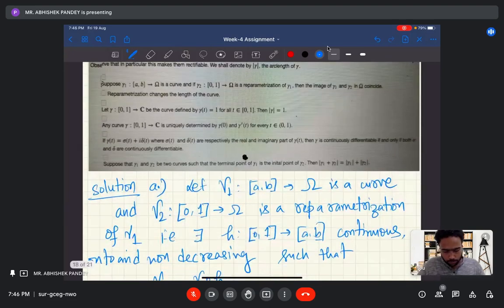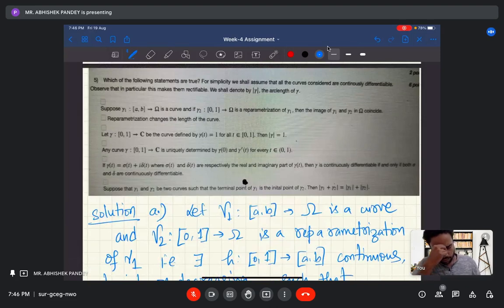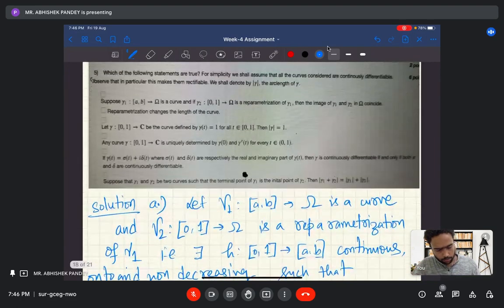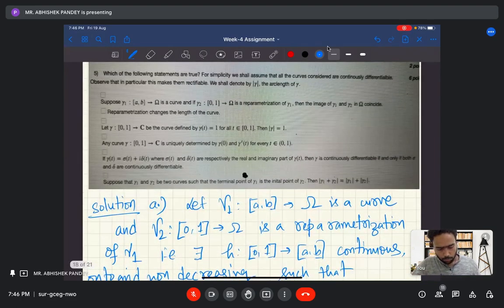Now let us look at the fifth question. It is just based on curves, like the length of curves and reparameterization, how it behaves. So let us look at the first option. Suppose gamma 1 from [a, b] to omega is a curve and gamma 2 is a reparameterization.